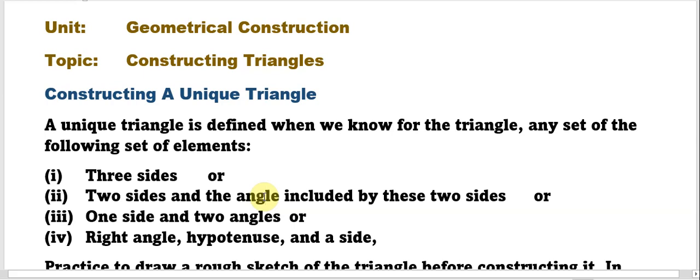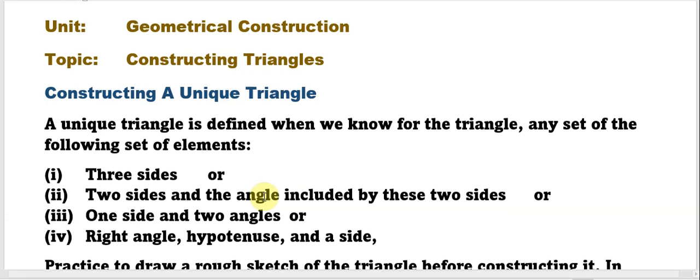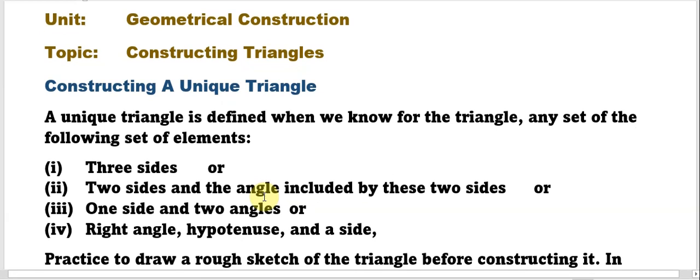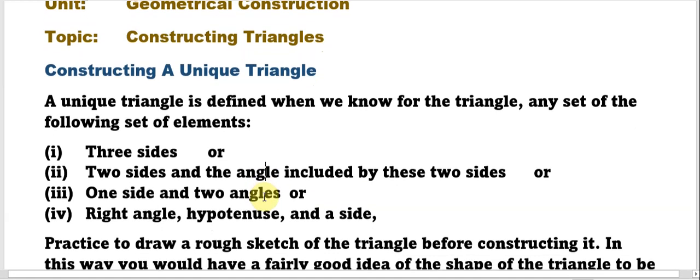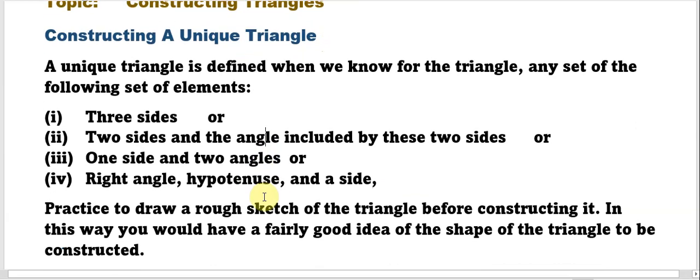Or if we know one side and two angles, we can construct it. Or if that triangle is a right angle triangle, so we know it has a right angle, and if we know the length of the hypotenuse and the length of one of the sides, we can then construct that unique triangle. Just a note here, I want to encourage you to practice drawing a rough sketch of the triangle before you actually go ahead and construct it.